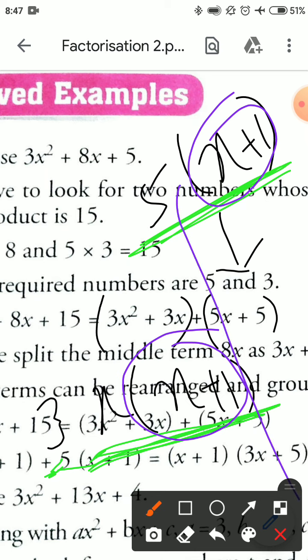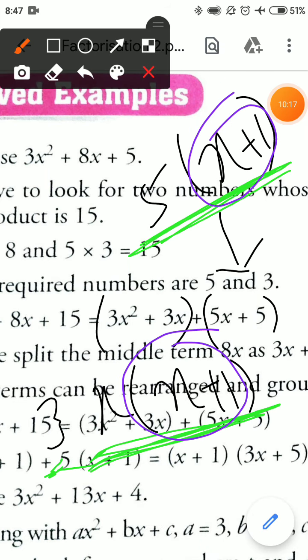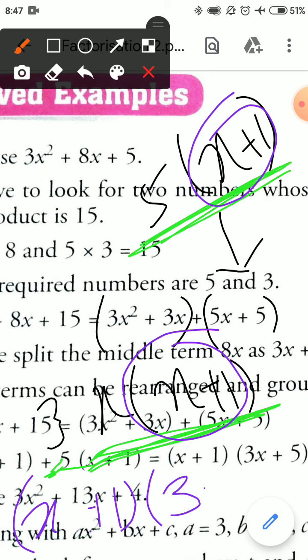So after taking this x plus 1 common from both of them, let's see, what we are left with in the first term is 3x, right?